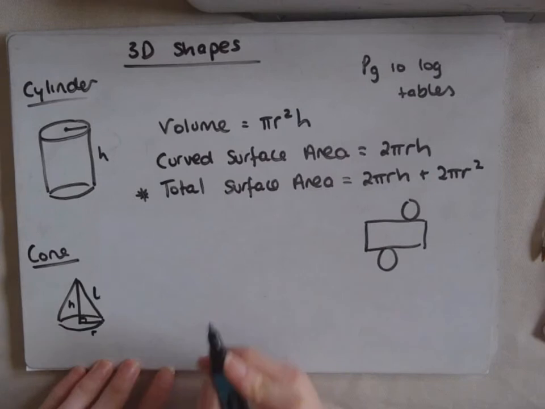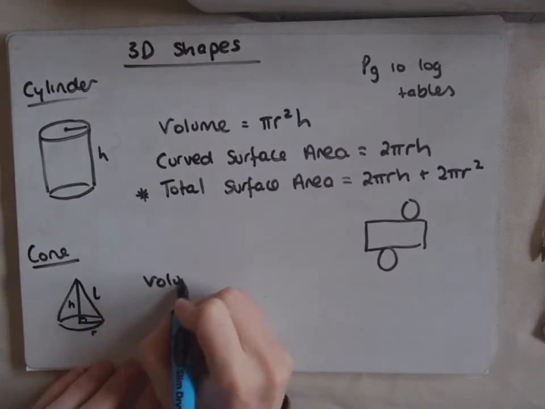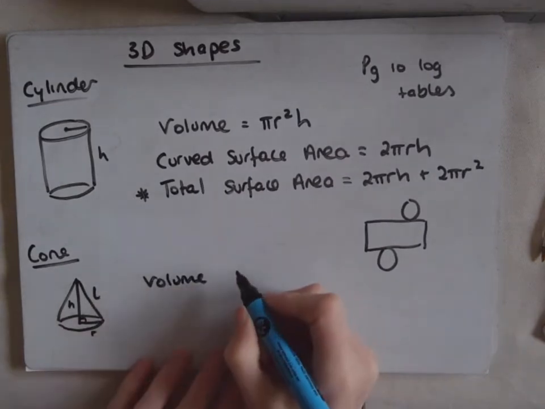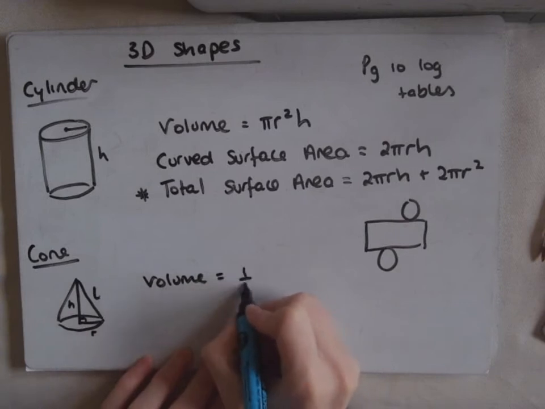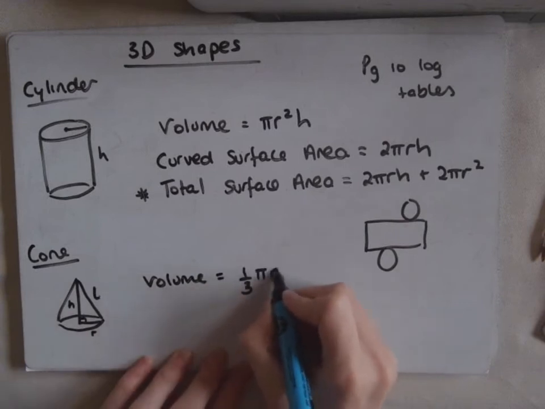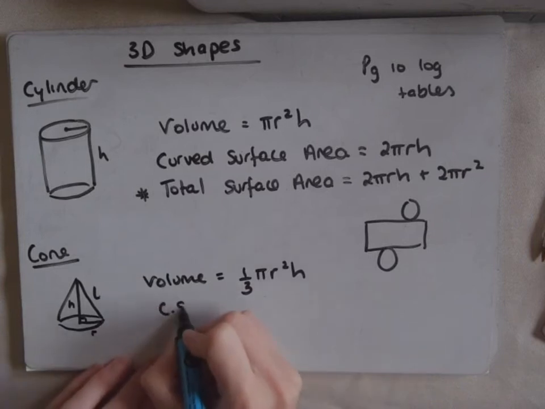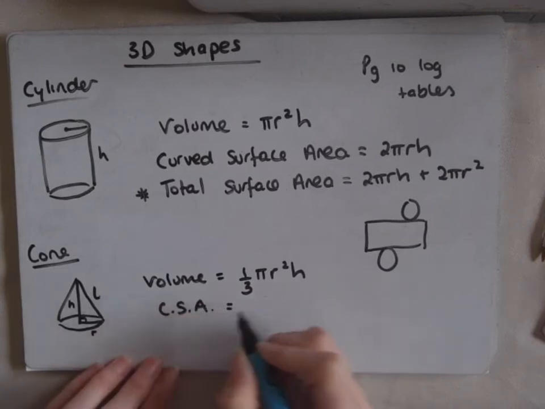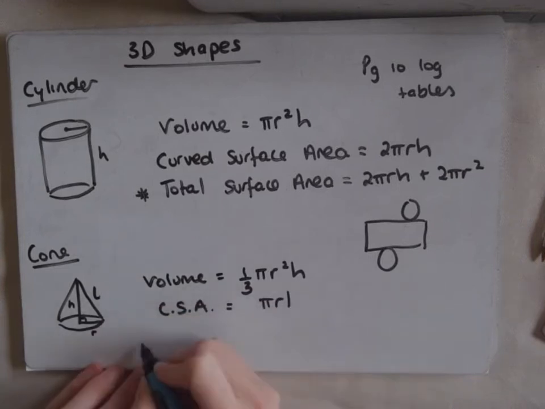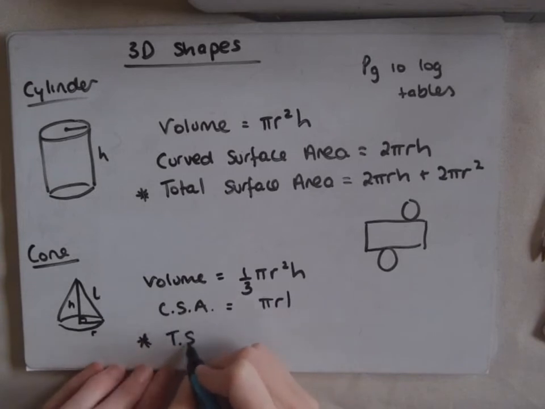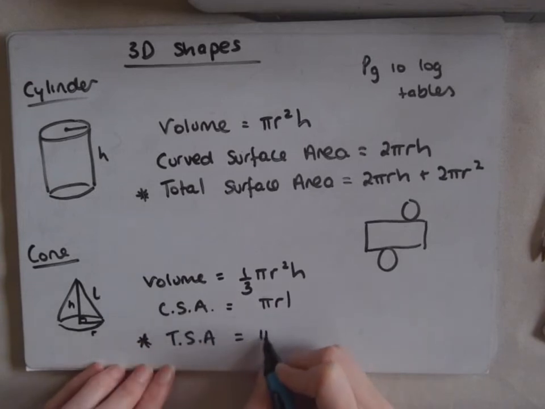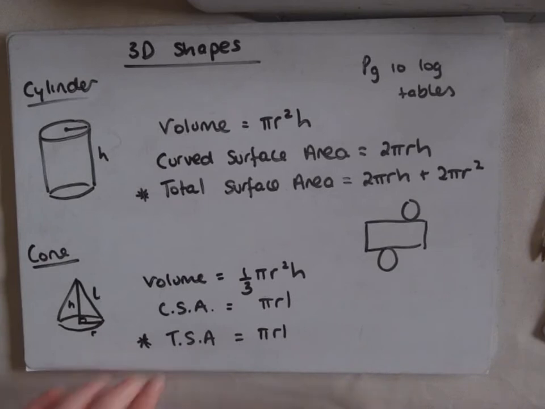So again, your formula, volume one-third pi r squared h, curved surface area pi r L, and then the one you have to learn, total surface area, which is the same, pi r L, but again you're just adding on however many circles.